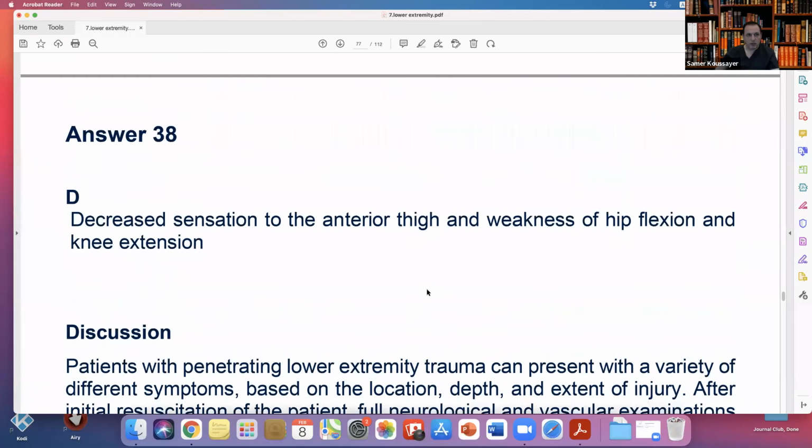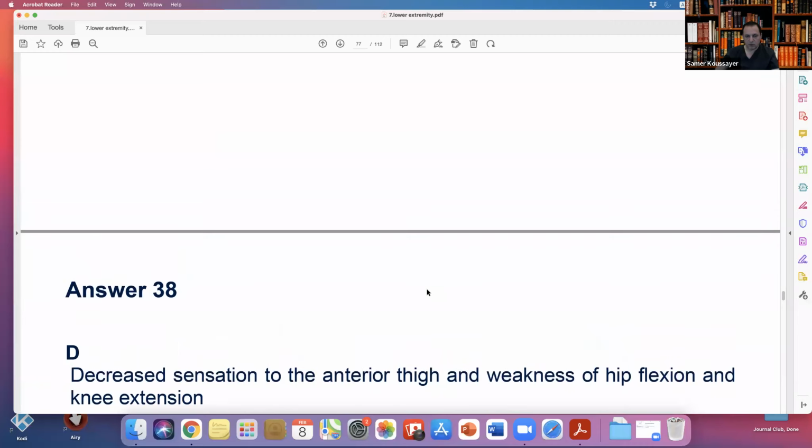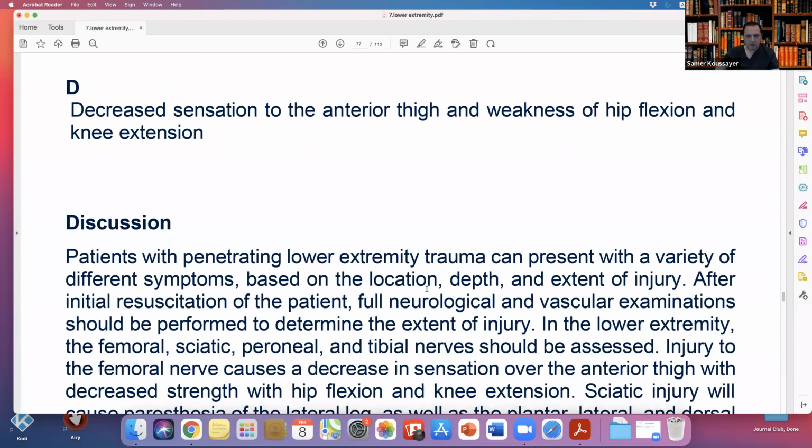So anyway, guys, you need to go and read about the nerves of the legs. It's very important. You can get a question like that. It may give you different types of questions. So it's very important to know the femoral nerve, sciatic nerve, and tibial nerve and peroneal nerve.